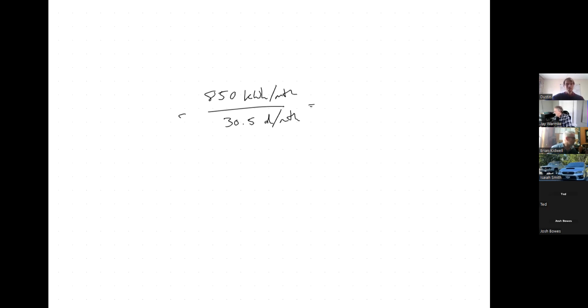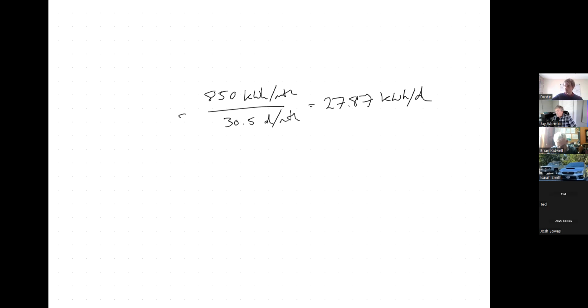All right, 27.87. And that's going to be kilowatt hours per day. Now, I want to get this number from kilowatt hours per day to kilowatts. So I divide by hours per day.